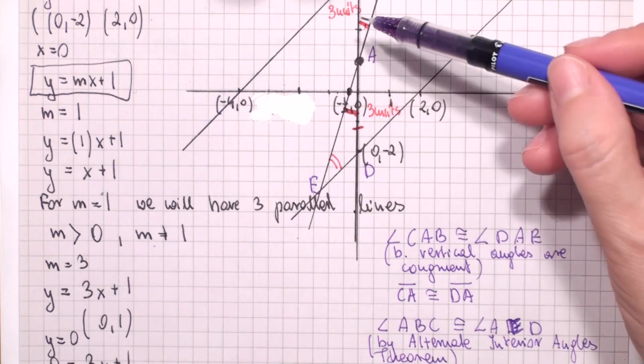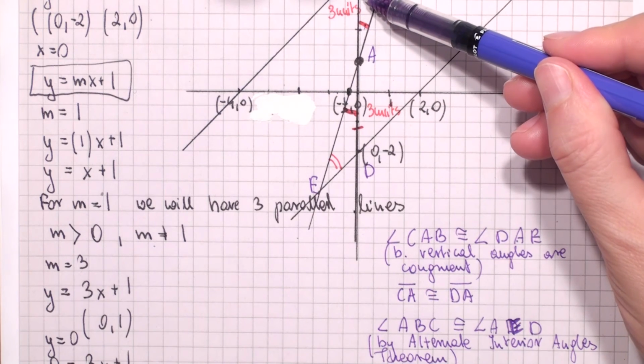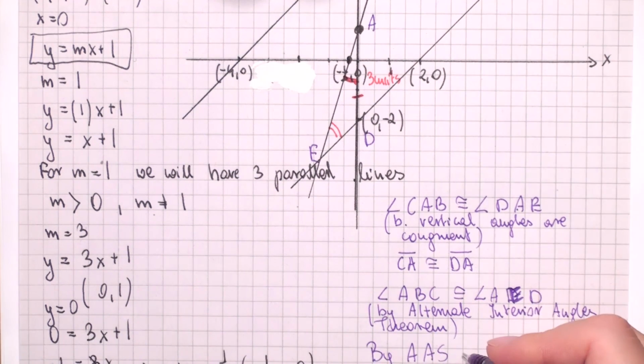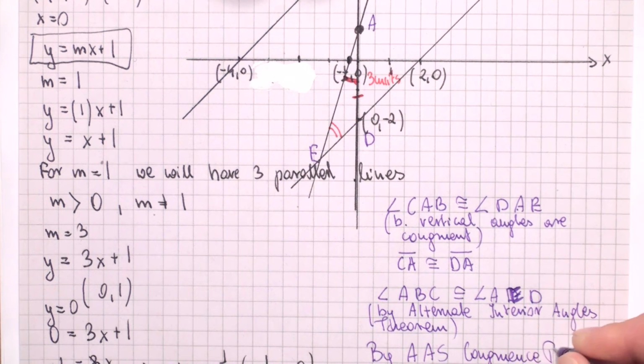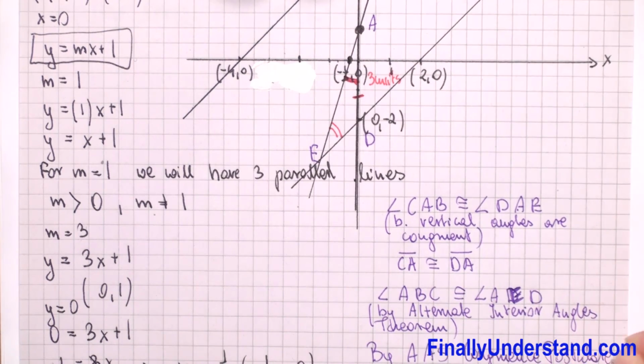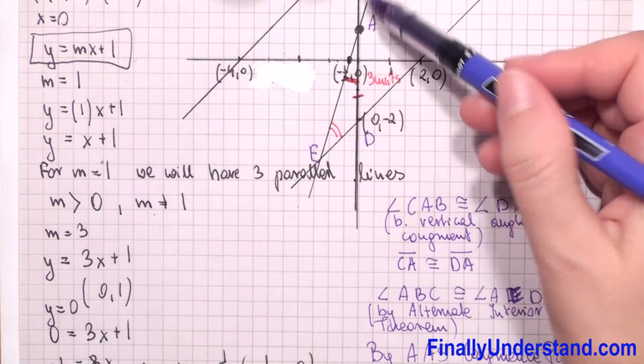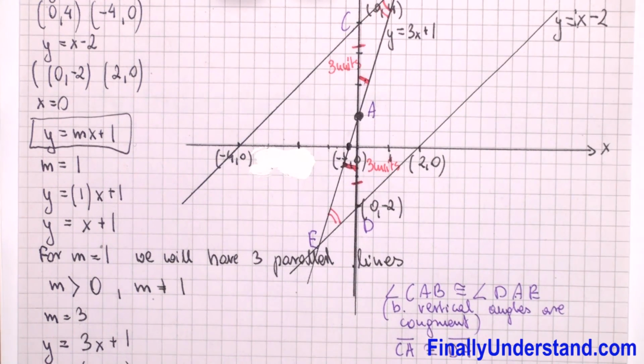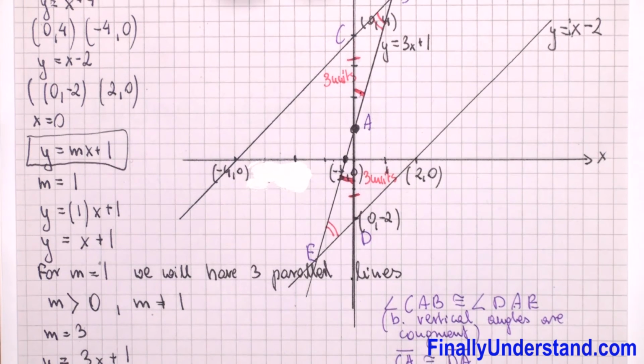So we see that we have two angles and this side. So by the angle-angle-side congruence postulate, these two triangles are congruent. So we see now that for m different than 1, we have congruent triangles.